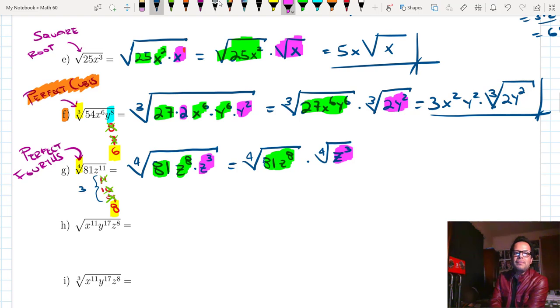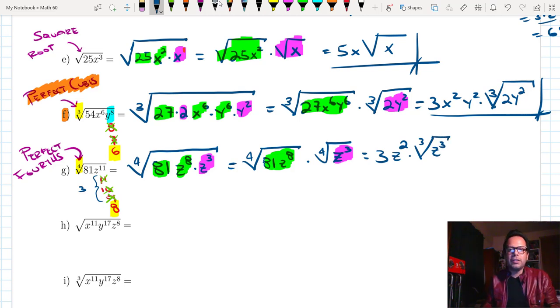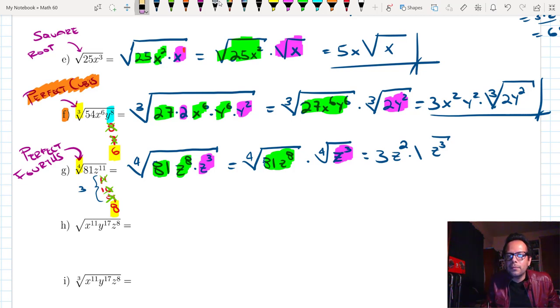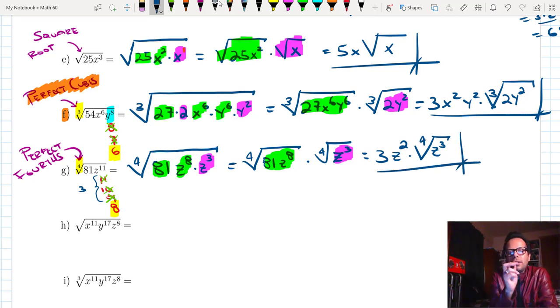Now the 4th root of 81, again, we said that was 3. Now z to the power 8 divided by 4, what do we get? We get z squared times the fourth root of z cubed. Oh no, not the cube root. Hold on a second, this is supposed to be the fourth root. Okay, the fourth root. And that's the final answer.